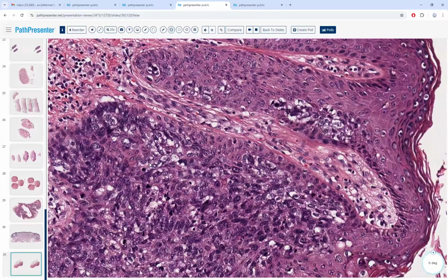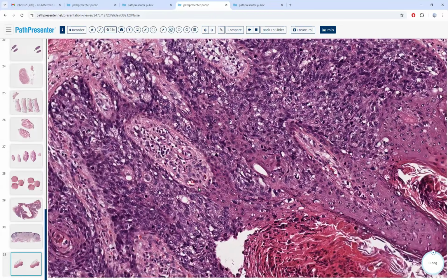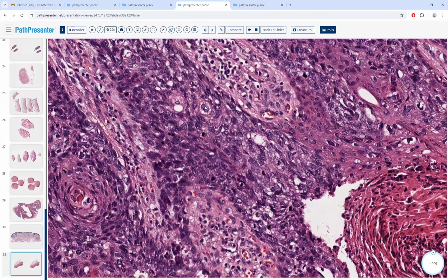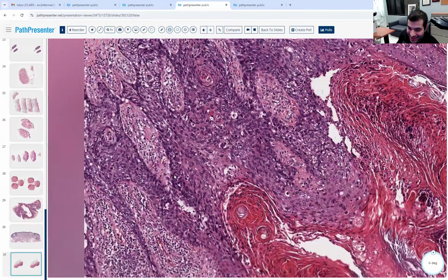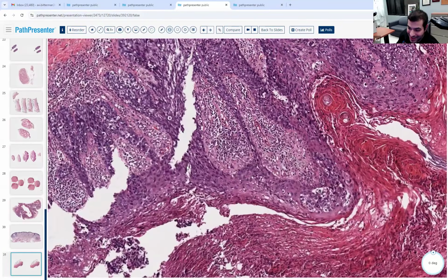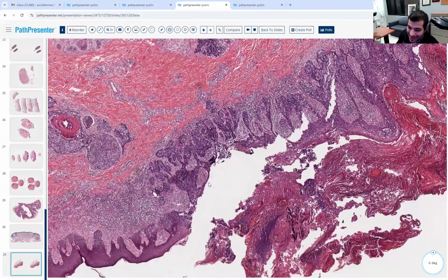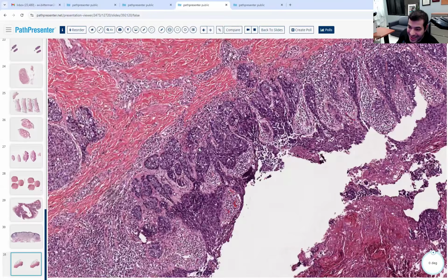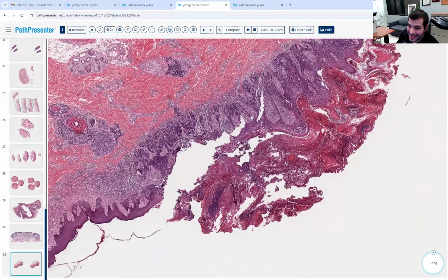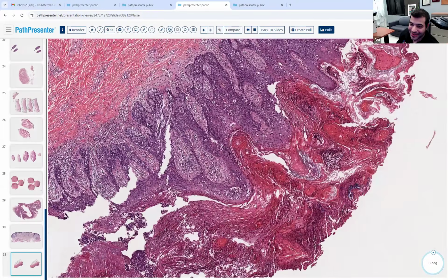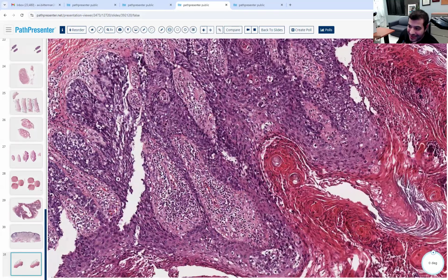Poorly differentiated. Well, actually, no, it's a sebaceous differentiation. I agree with sebaceous differentiation. I also agree with poorly differentiated. We can talk about that word, poorly differentiated, but it's interesting because there's sebaceous differentiation. There's an in situ component here in the sebaceous neoplasm.